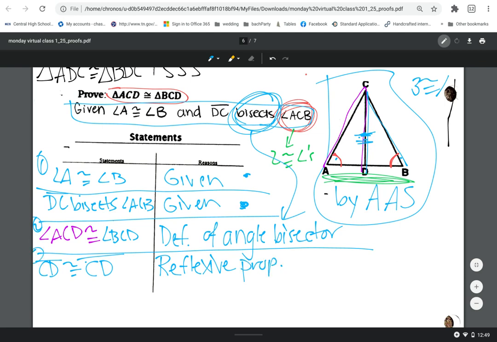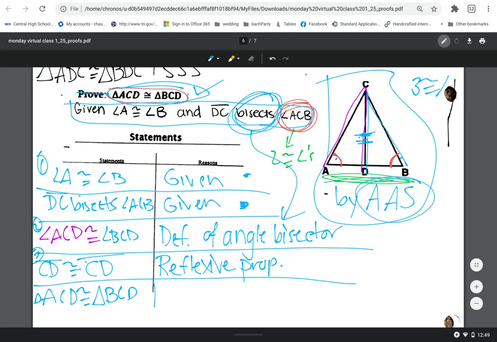So now do I have 3 congruent parts? Yes. So can I say that those two triangles are congruent? Yes. So now remember, what you need to prove is always your last statement. So triangle ACD is congruent to triangle BCD. How? By AAS.